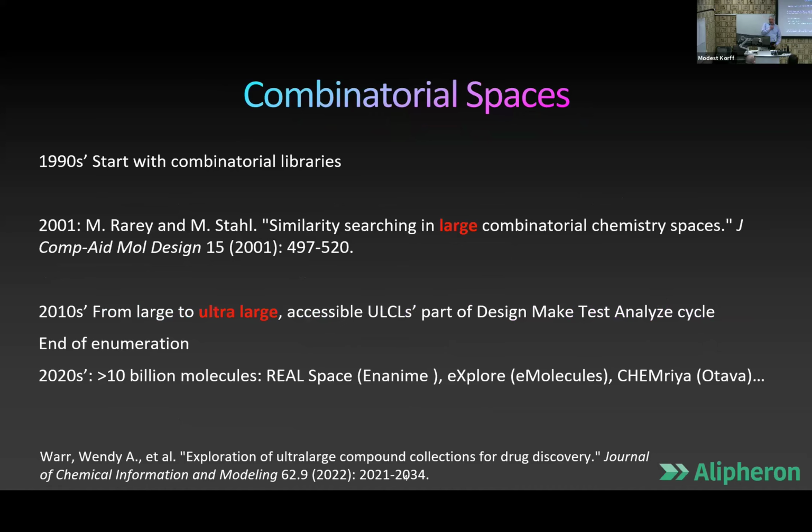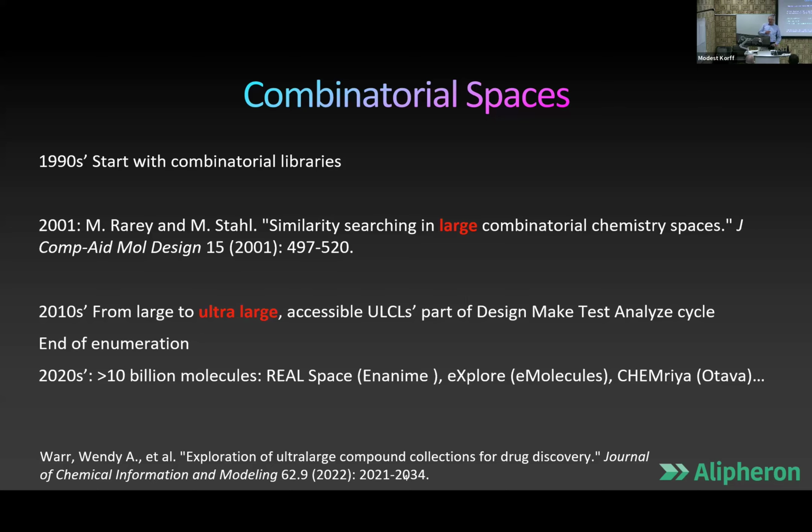So we will start with combinatorial spaces. Combinatorial spaces are not recent. They already started in the 90s of the last millennium. It started with the combinatorial libraries. In the 2000s, then it became obvious that it is necessary to create algorithms to search these spaces. So there were these tree algorithm, feature tree algorithm for combinatorial libraries, and there already the libraries became large, searched by Matthias Raray and Martin Stahl.